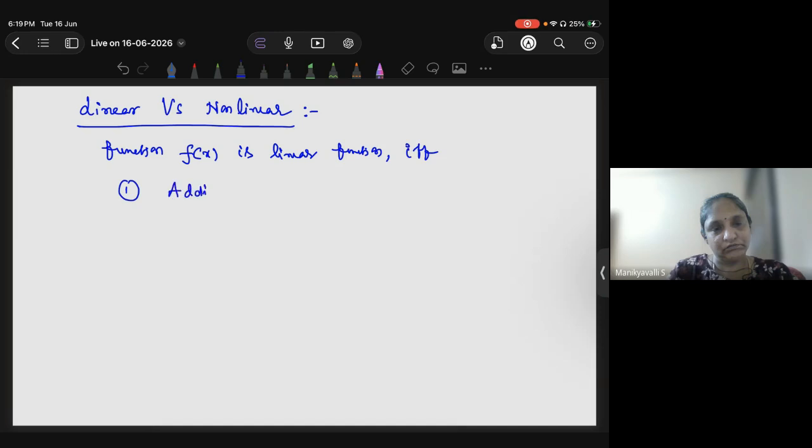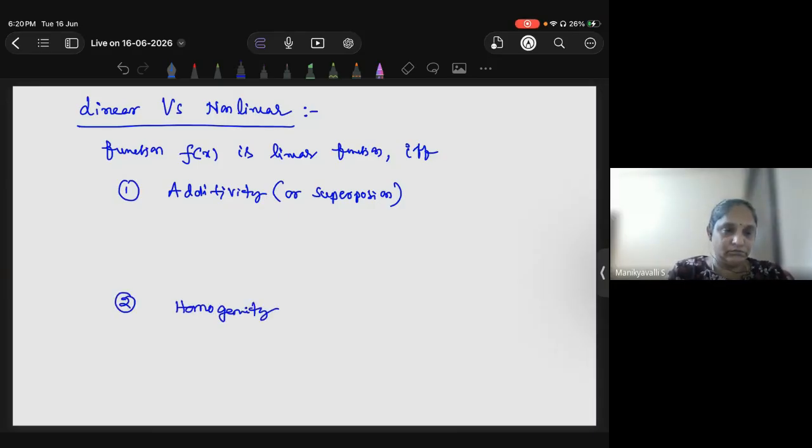The first one is additivity, also called superposition. The second one is homogeneity. Additivity says that for a function f of an independent variable x, if you give two independent variables x1 and x2, then f of x1 plus x2 has to be equal to the summation of the individual components, f of x1 plus f of x2.